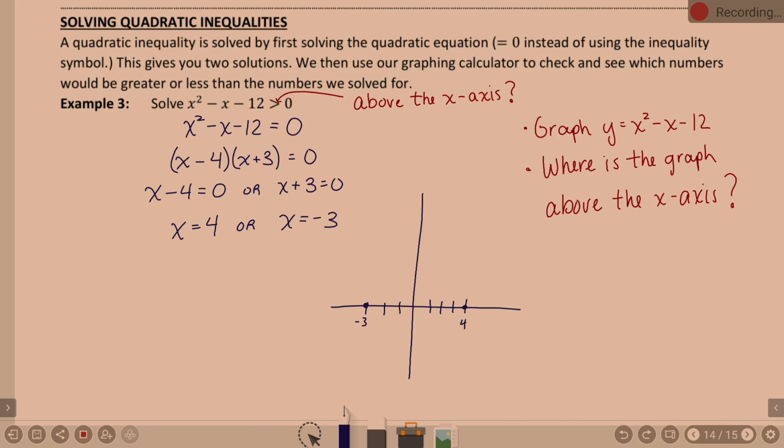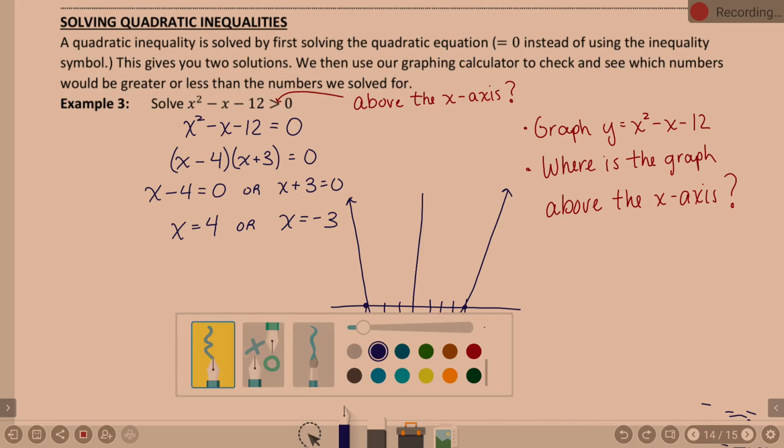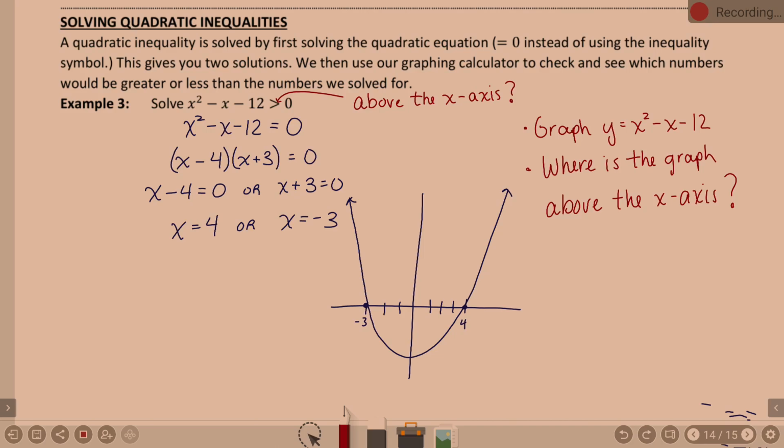Okay. Not necessarily the right idea. I mean, that's the gist of it, yes? Yes. So we're looking in reference to -3 and 4. Where is my graph above the x-axis? So where's the graph above the x-axis?